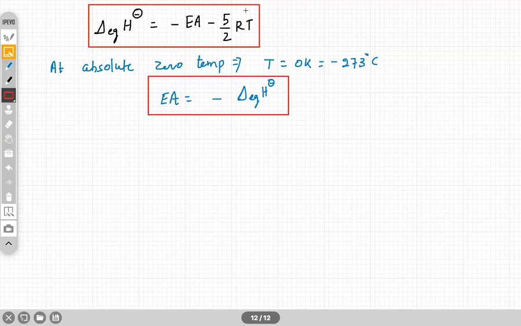Now the trend of electron gain enthalpy, you write down.